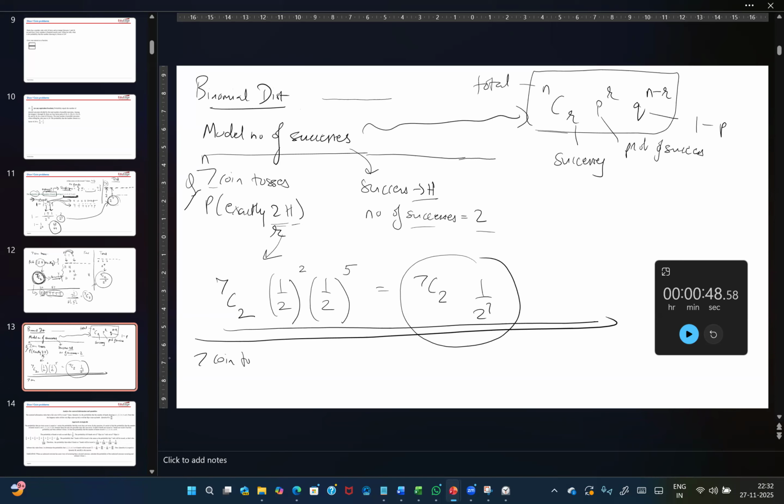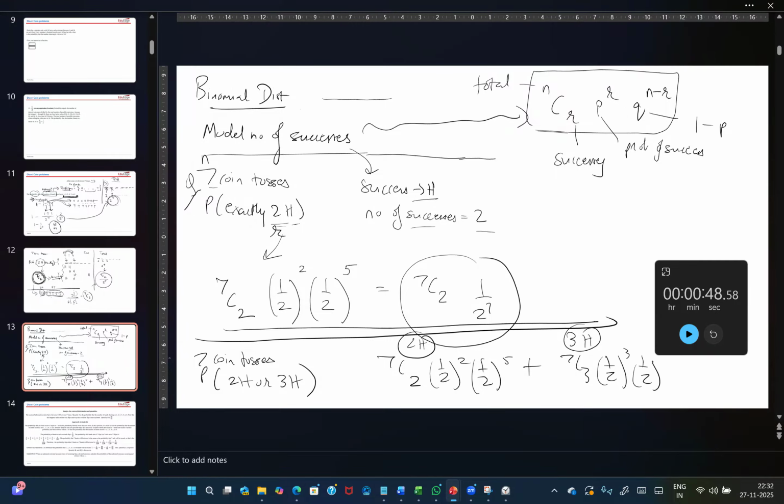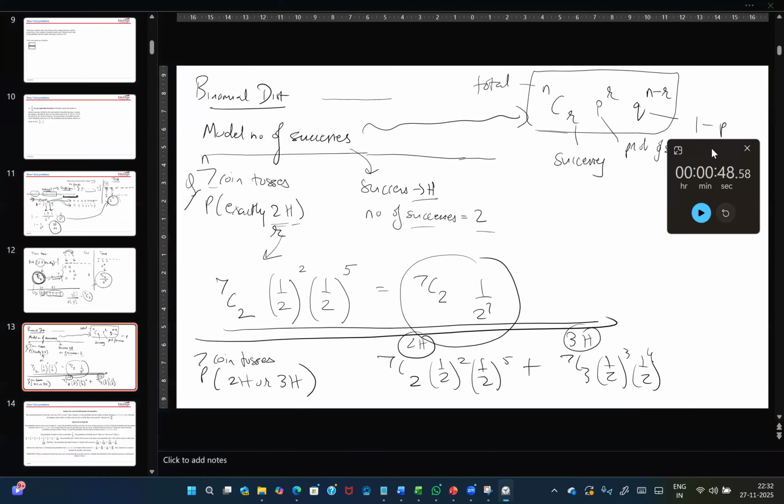Two heads or three heads in the same seven tosses. So the probability of two heads is 7C2, and for three heads, 7C3 into half raised to the cube and half raised to 4, which is the same thing, 1 by 2 raised to 7.